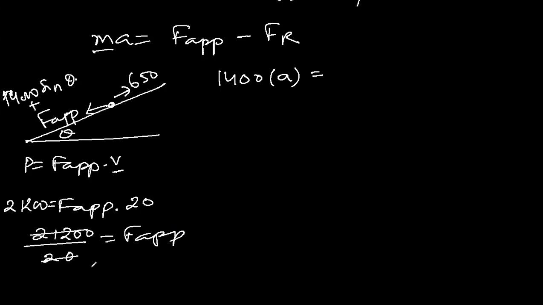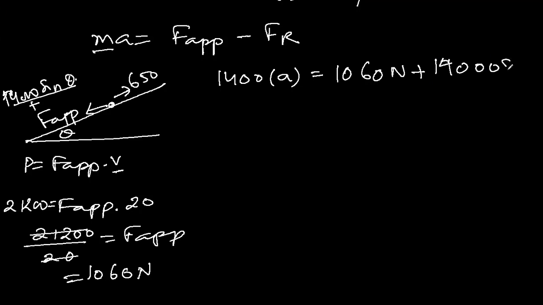So that will be how much? 1060 newtons. And we know the resistive force is 650. But we had one more, 14,000. This one is also part of the applied force, since it's in the direction of applied force. So we will add this one: 14,000 sine theta, and sine theta is 1/7.